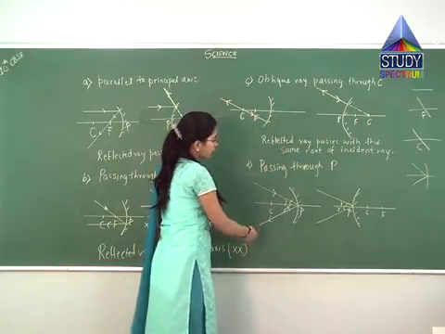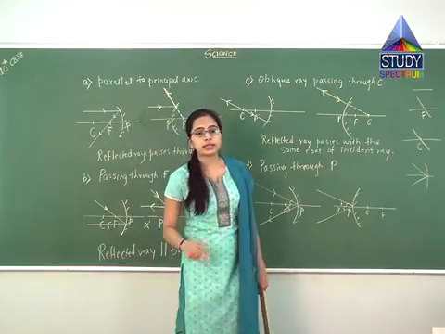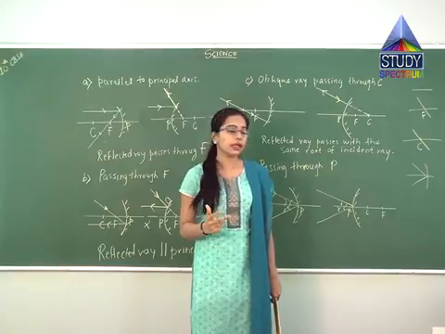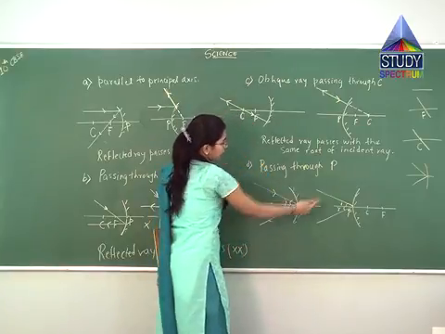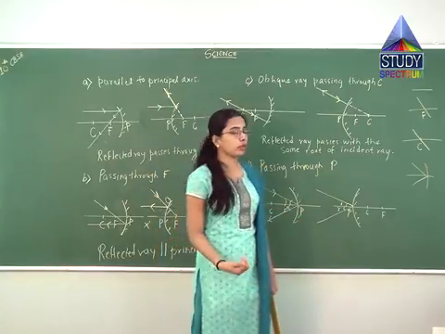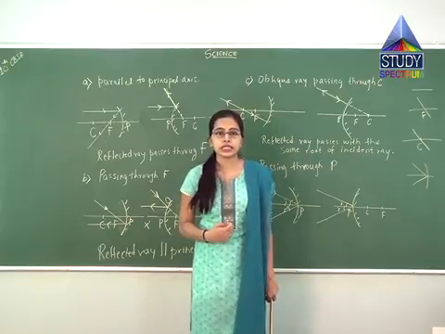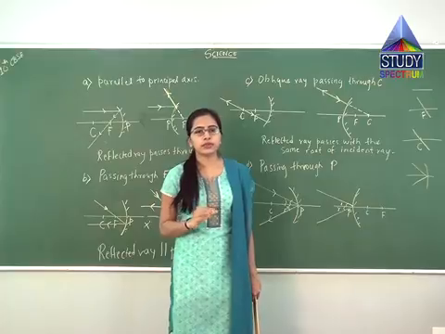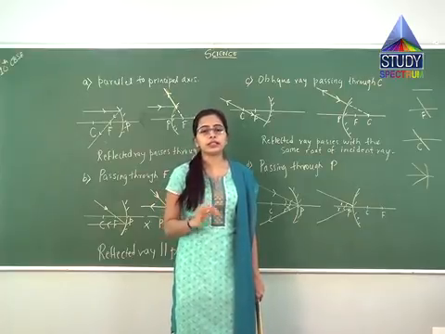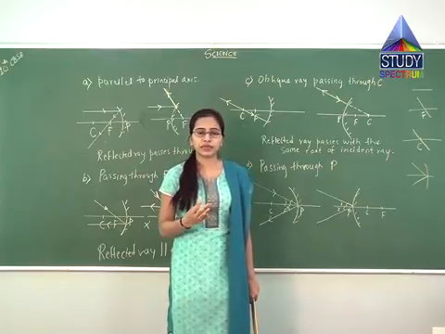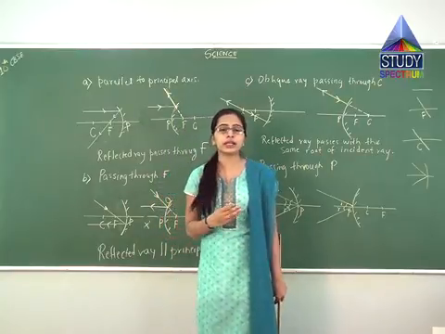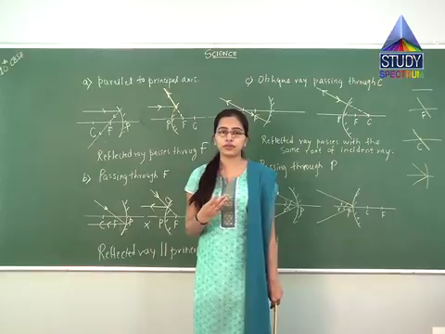And in the fourth case, the incident ray is oblique and it is passing through the pole, and in this way it gets reflected with the angle of incidence equal to the angle of reflection. So in all cases, the angle of incidence is equal to the angle of reflection. Definitely we are talking about reflection, so all the cases will follow the laws of reflection.